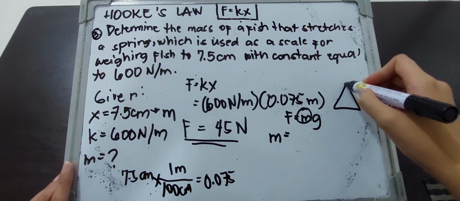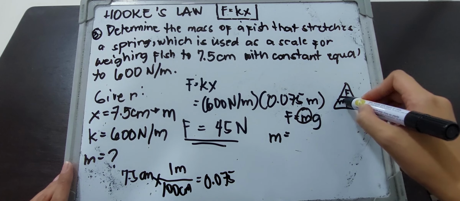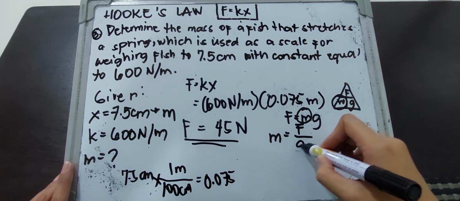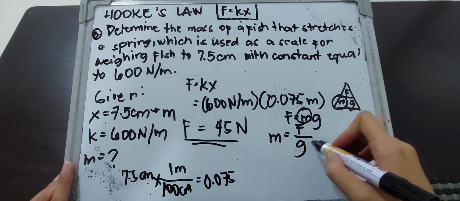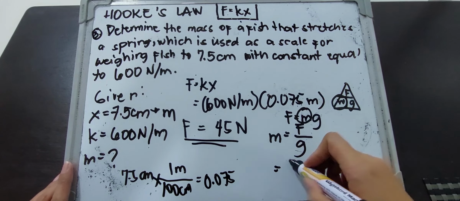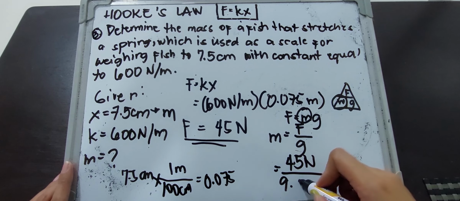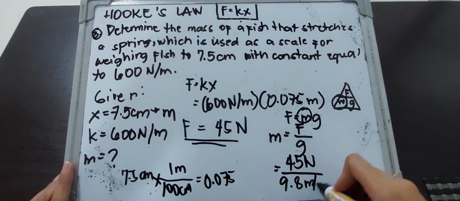So, from the triangle method, F, mg, we are looking for mass. So, F divided by g. So, yung nakuha nating force, 45 newtons divided by 9.8 meters per second square.